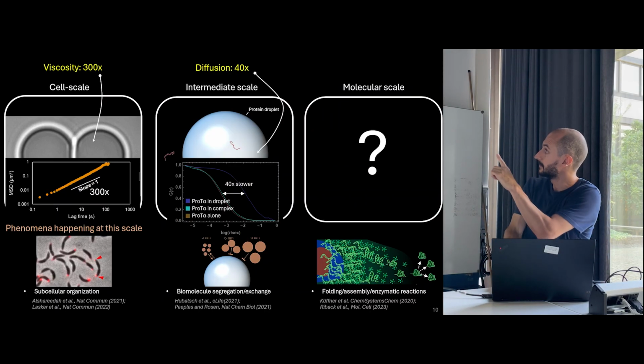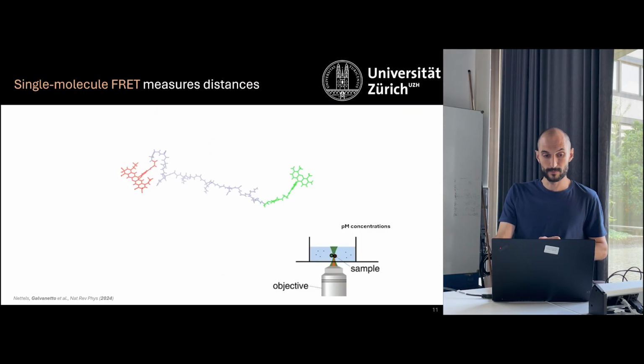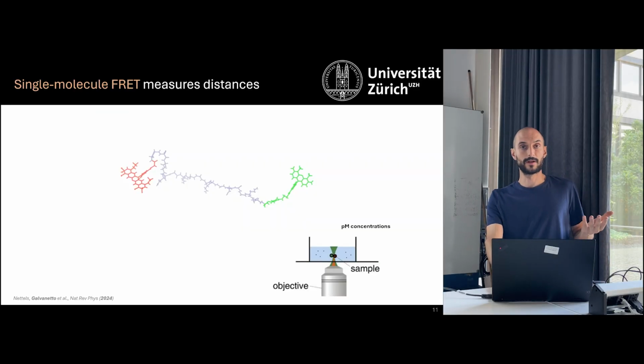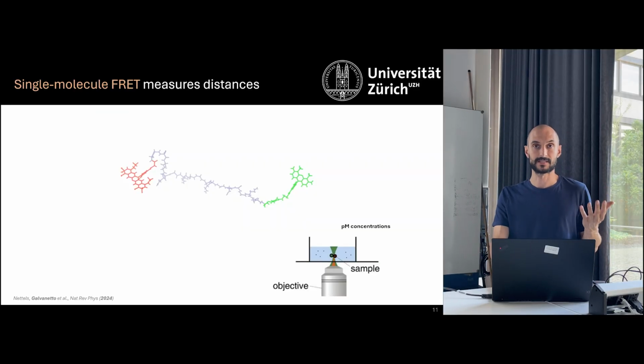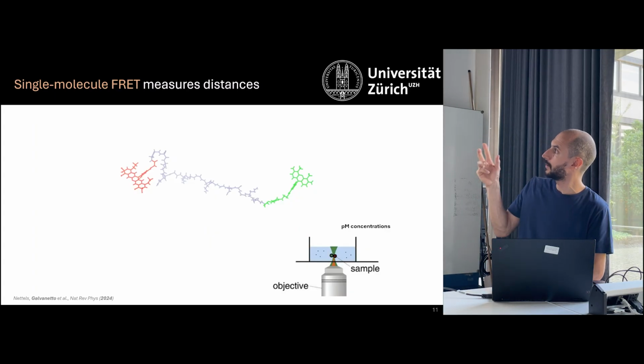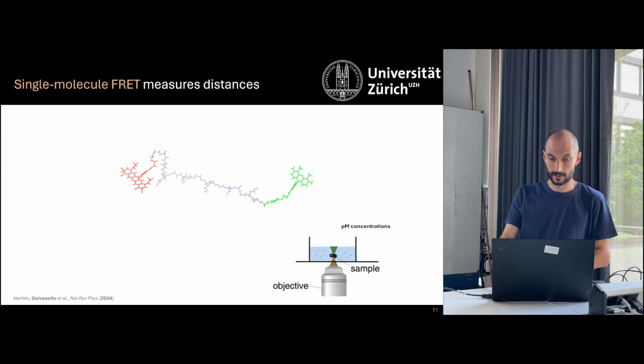But now let's focus on the molecular scale. To measure properties at the molecular scale, I've been using single molecule FRET, Förster resonance energy transfer, which is a technique the lab has been mastering for many years now. The idea is that you need to double label your protein. In this case, we have a very short gray polymer with these two fluorophores.